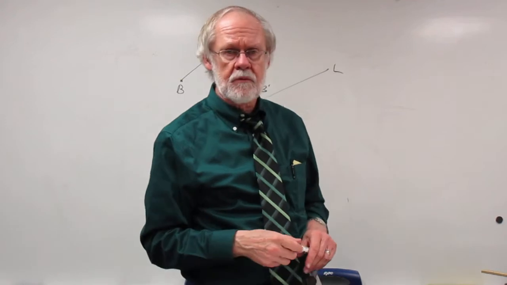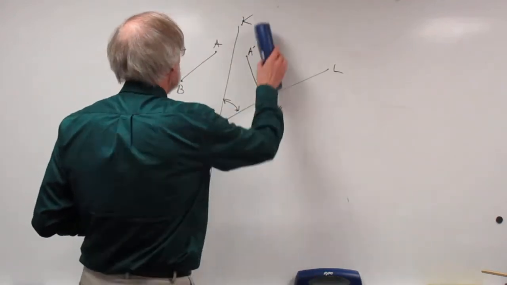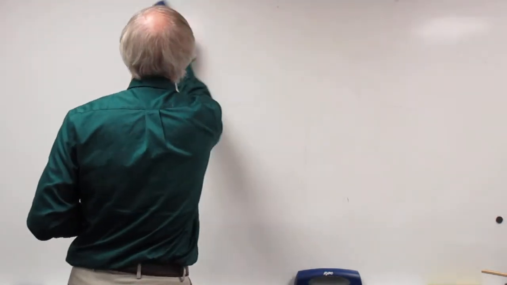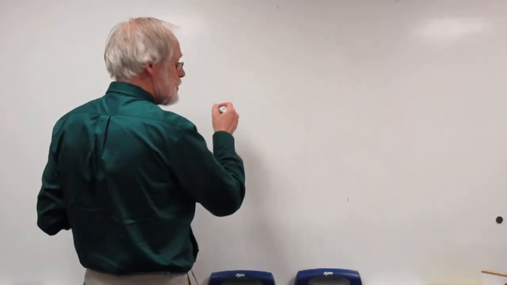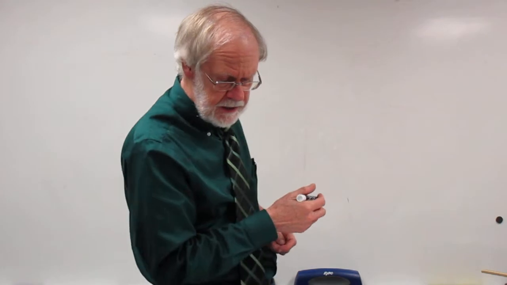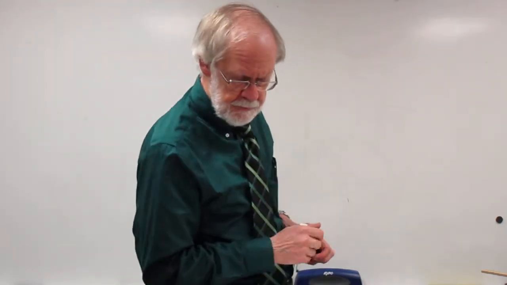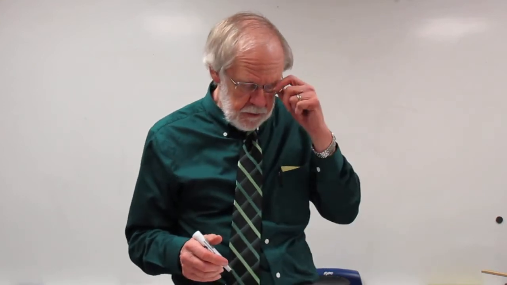A figure has rotational symmetry. You remember the previous section in which we had lines of symmetry. Now, a figure has rotational symmetry if I can rotate it and have it fit onto itself. So, for example, let me see if I can show you a good example here.